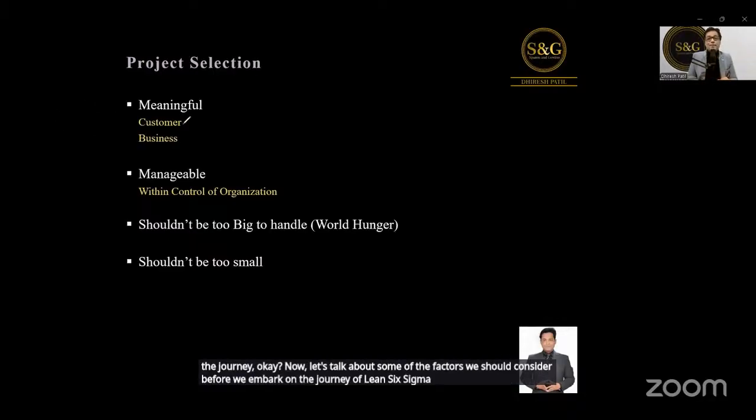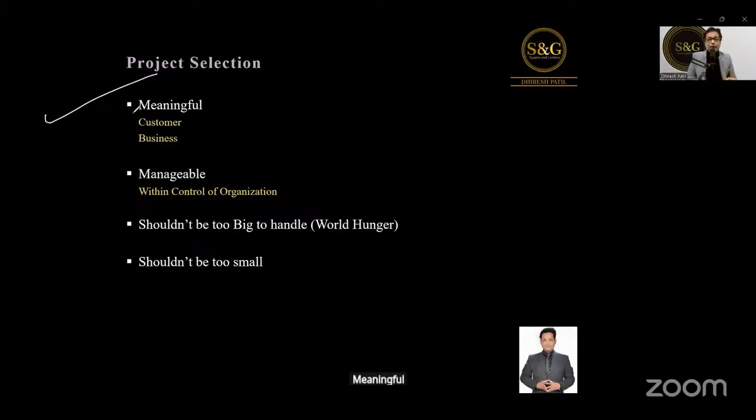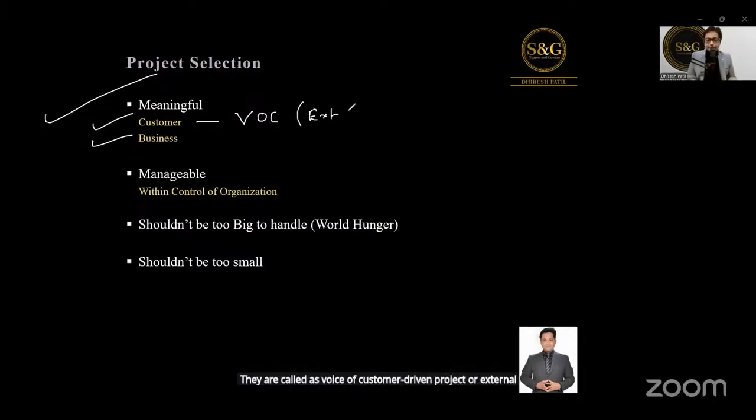Your project should be meaningful. Meaningful means it should be meaningful either to the customer or to the business. If it is meaningful to the customer, it is called a voice of customer driven project, or an external project.